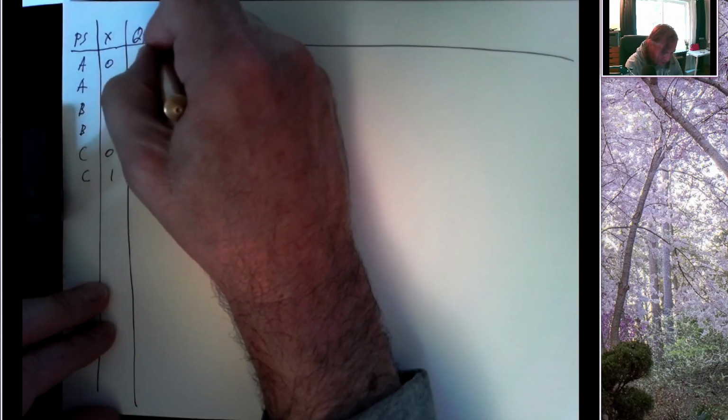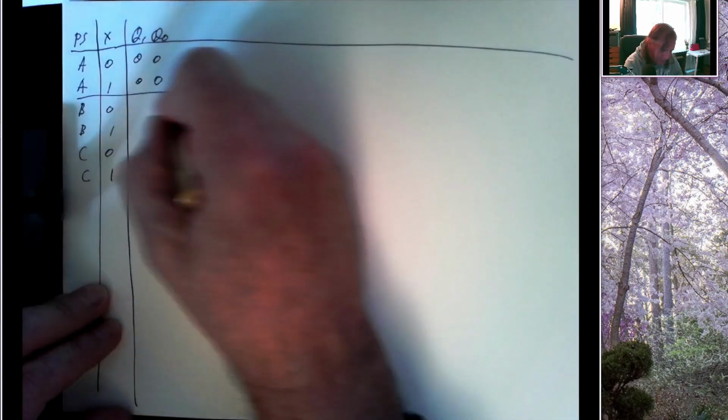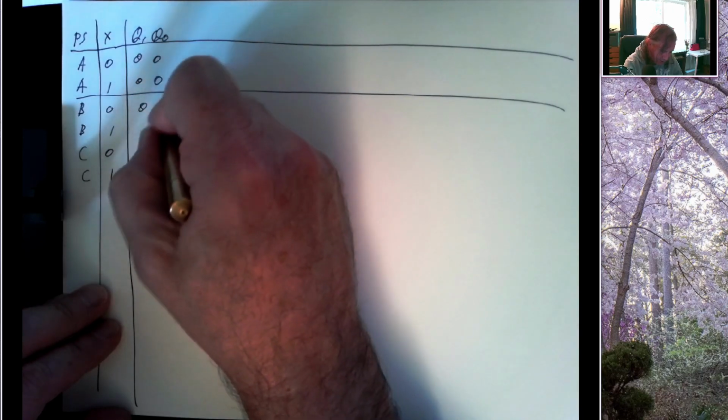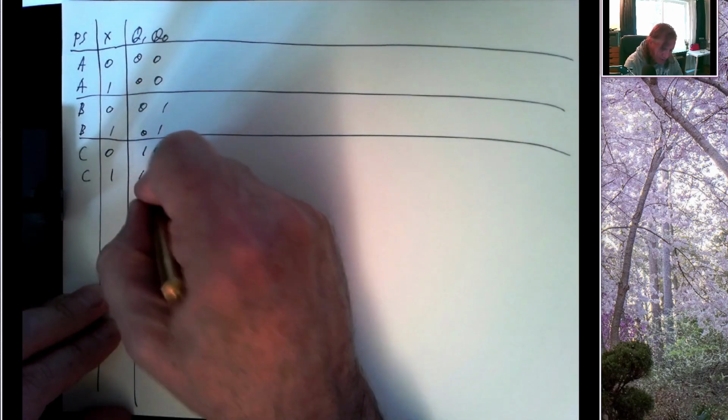And let me list the values of Q1, Q0. So for an A, these are both 0. For state B, these are 0, 1. And for state C, these are 1, 0.